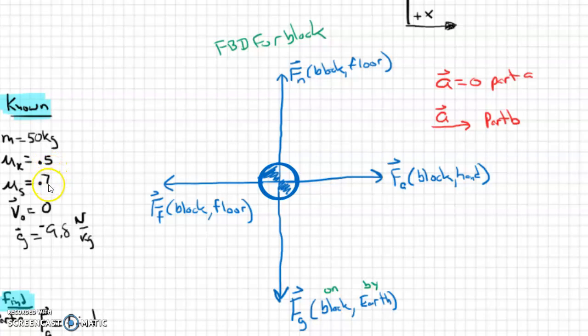It's going to reduce from 0.7 to 0.5, which will in turn reduce the amount of friction that's acting here. As a result of this frictional force decreasing, we will no longer have a situation of equilibrium, and it will begin to accelerate to the right.